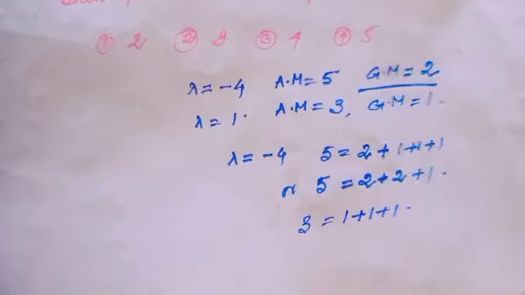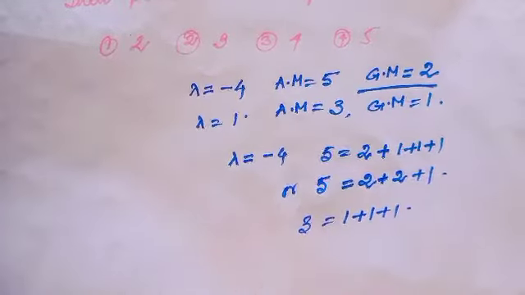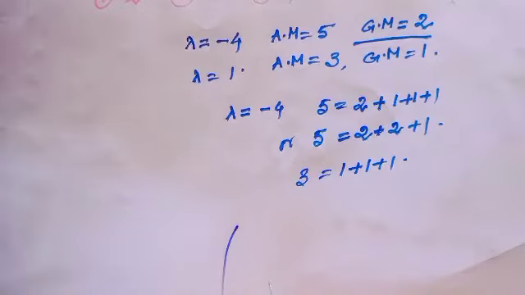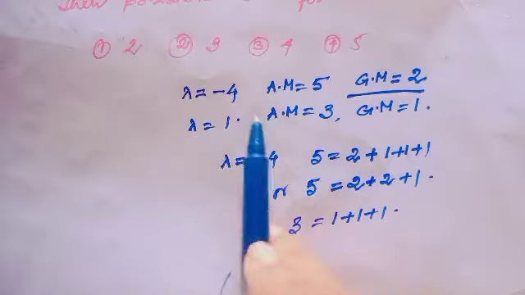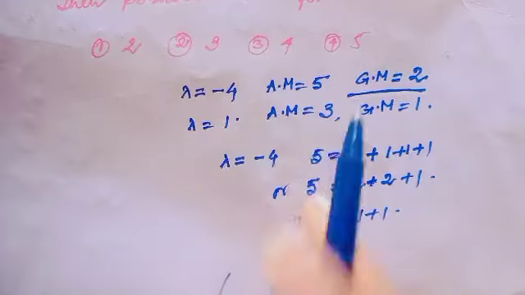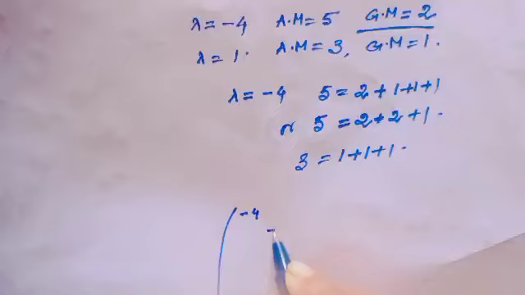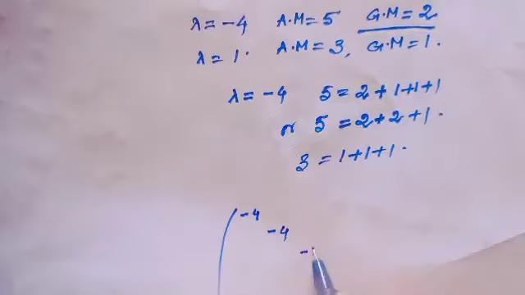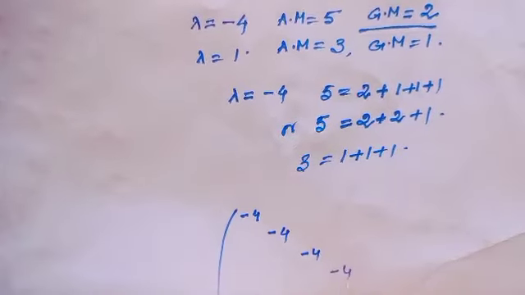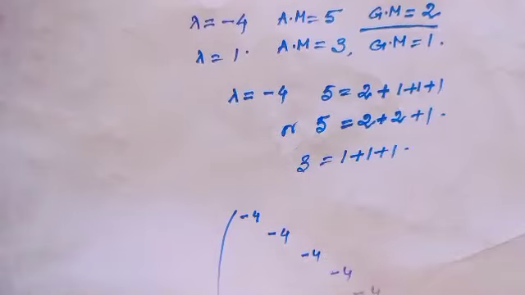So, the number of possible Jordan blocks is, since the algebraic multiplicity for lambda equal to minus 4 is 5, this would be minus 4, minus 4, minus 4, minus 4, minus 4.